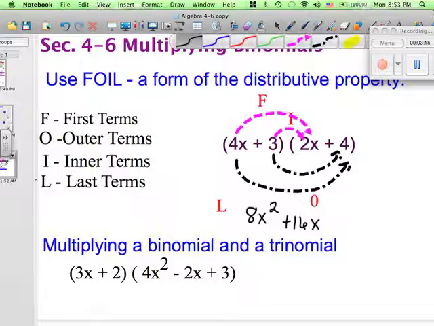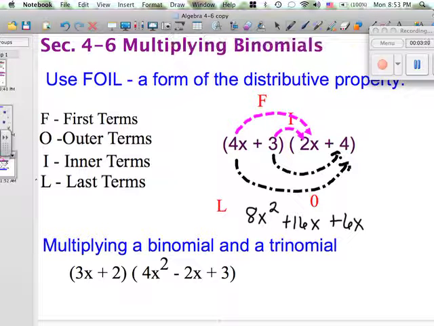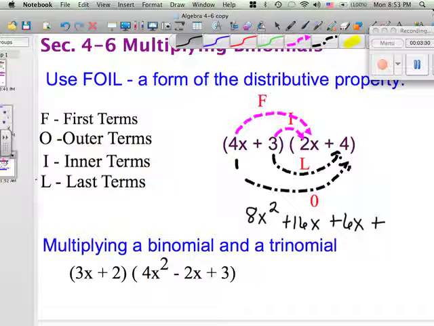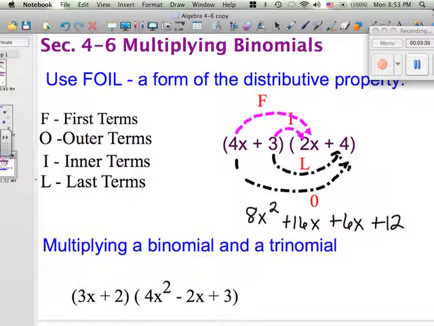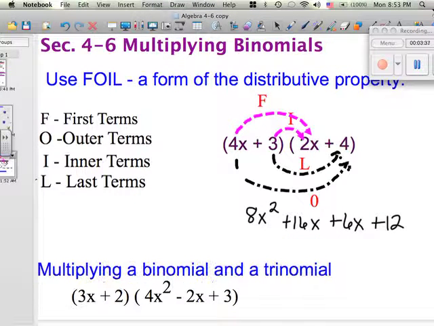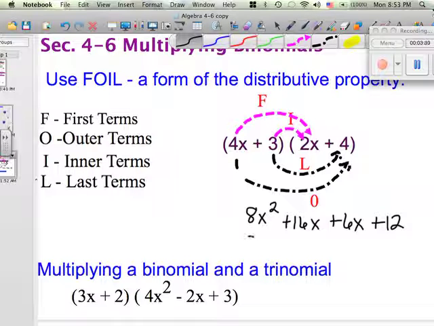So that would be plus 6x, and then we're going to multiply last terms, which would be plus 12. And then we collect like terms and simplify our answer. So we have 8x squared plus 22x plus 12.